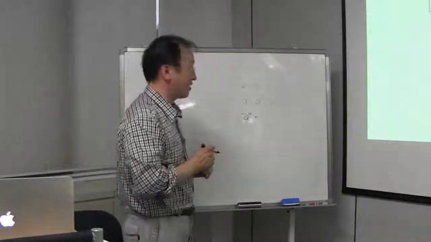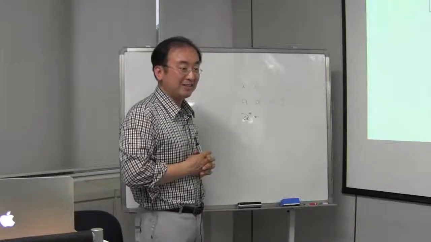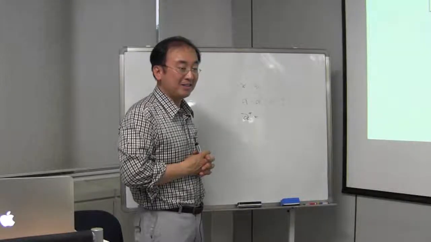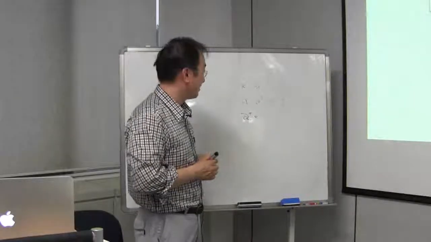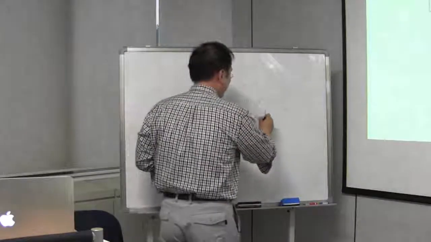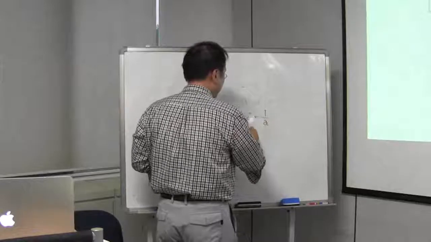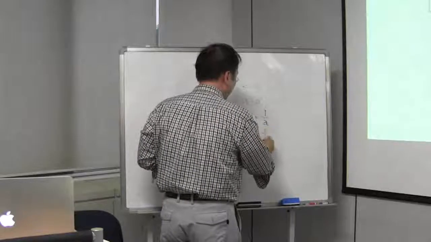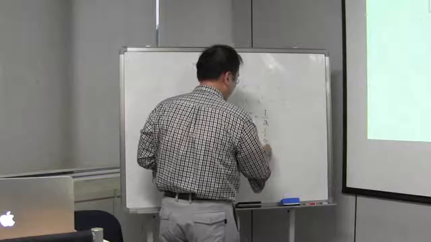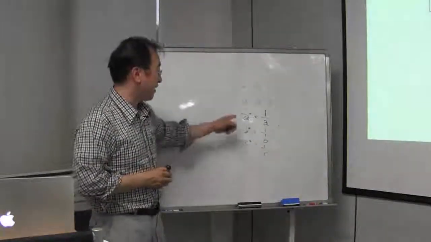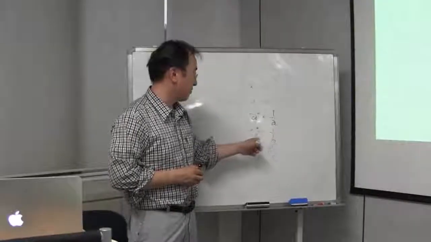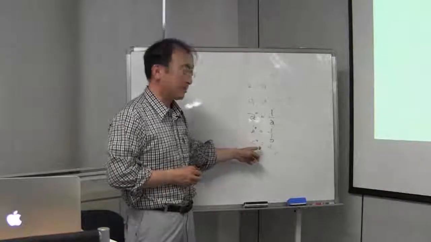What is the length of A star in an orthogonal system, Muhammad? One over A. Yes, 1 over A. B star likewise 1 over B. C star 1 over C. So simply A star times A equals 1 and B star times B equals 1 and C star times C equals 1.